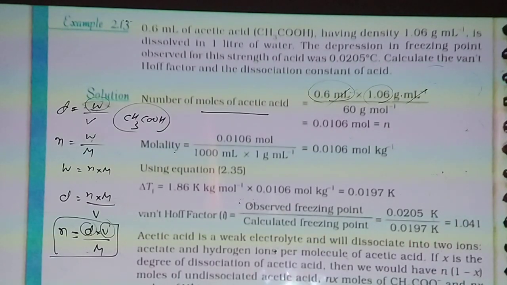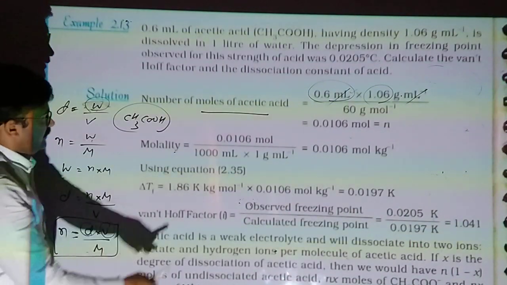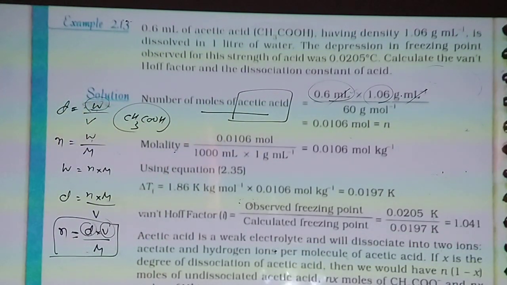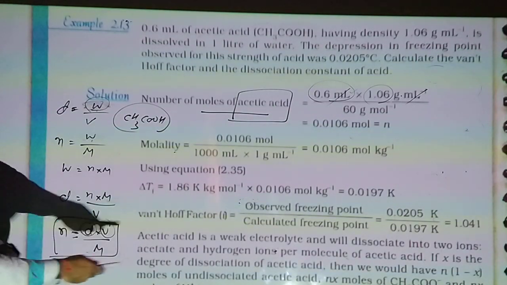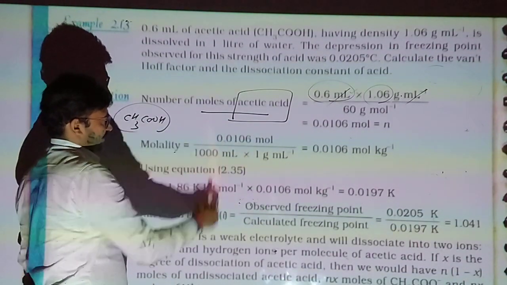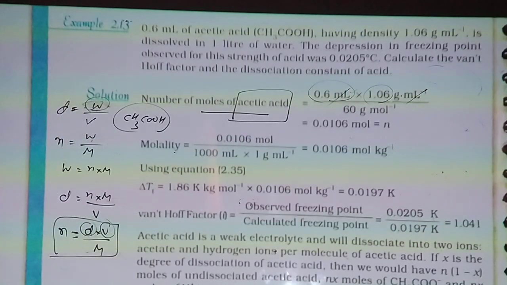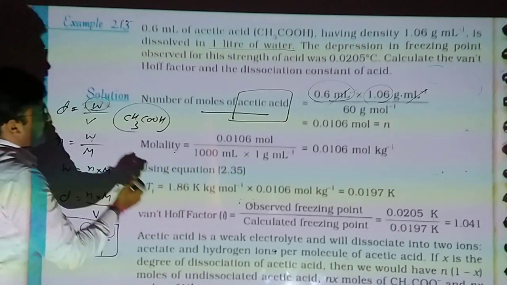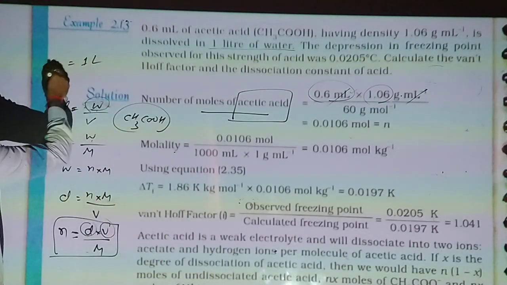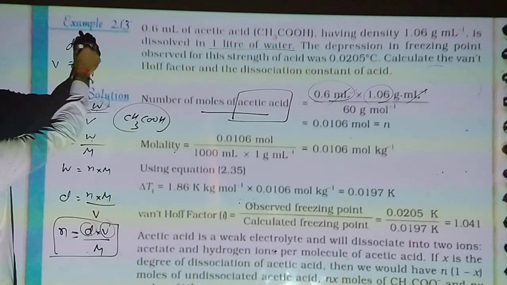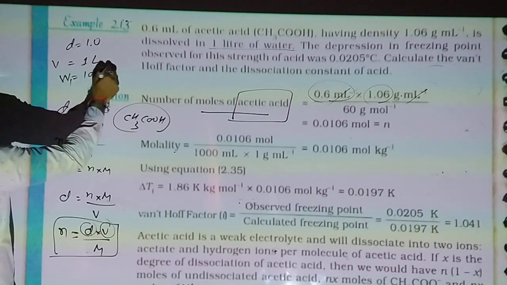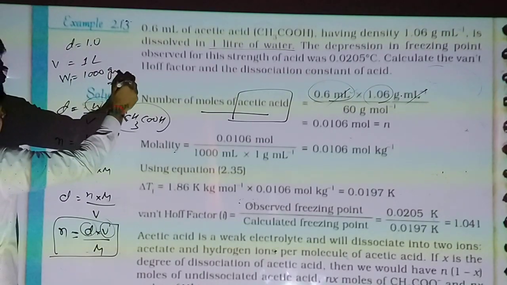0.0106 mole is our mole of the acetic acid. Now molality. Molality means mole per kilogram. Mole is derived, 0.0106. Here the quantity of water is 1 liter volume, but the density of water is 1, so the mass of the water will be 1000 gram, 1 kg.